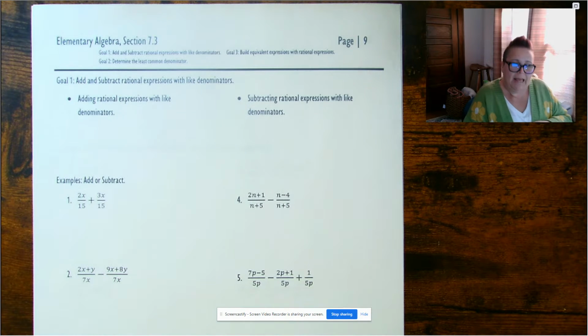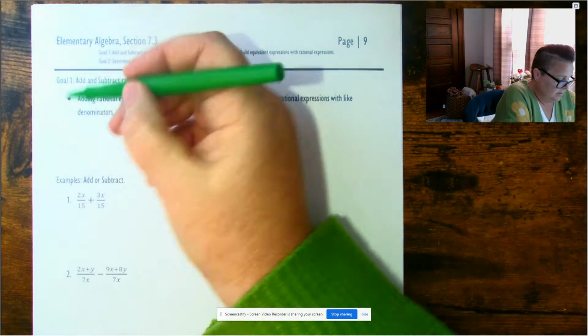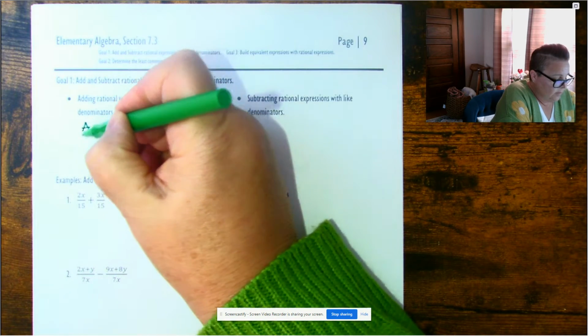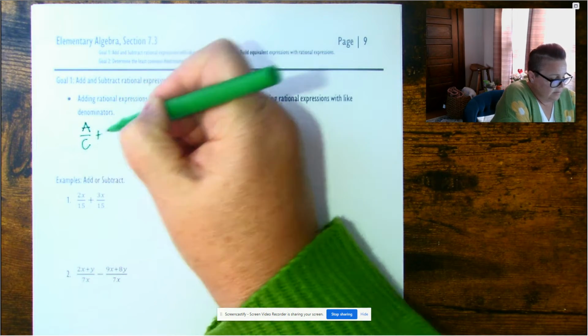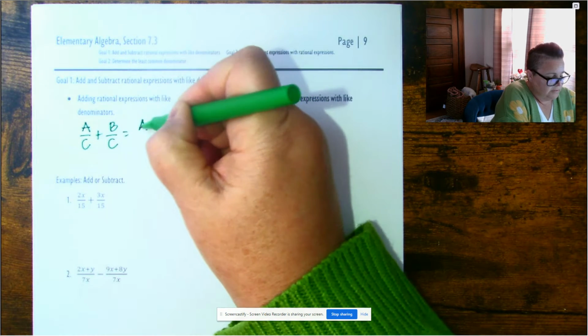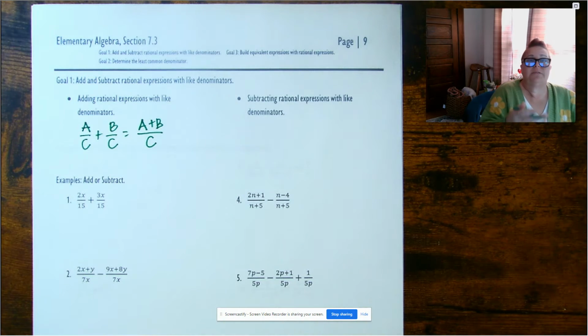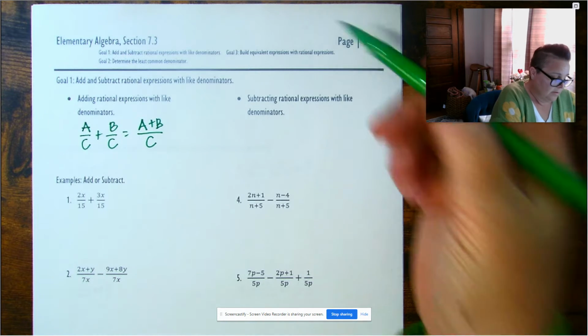So when you are adding rational expressions with like denominators, again, you have polynomials A, B, and C. What that means is if you have A over C plus B over C, this would simplify to A plus B over C. Note that C cannot be 0.